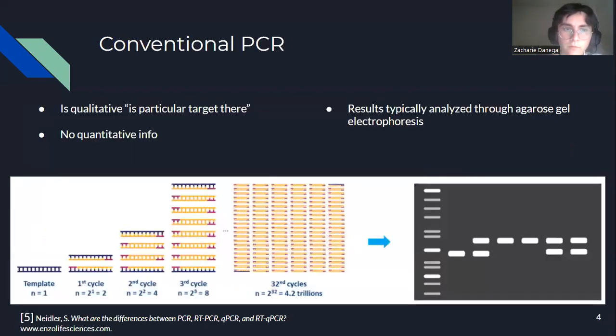Now, some more on conventional PCR. It's qualitative. It's more of an is-the-target-there test rather than quantitative. What I mean by that is that in conventional PCR, you don't know how many copies of DNA you've made after each cycle. And the results from conventional PCR are typically analyzed through agarose gel electrophoresis. What I mean by it's not exactly quantitative is that you can try to glean quantitative results from it.